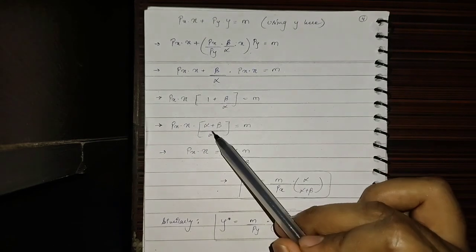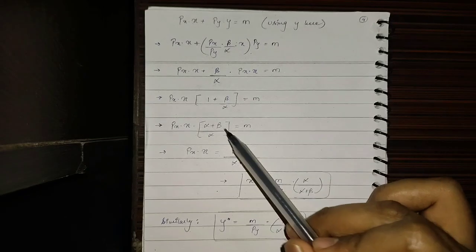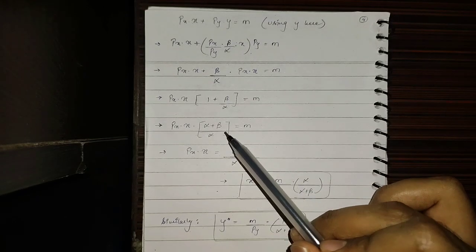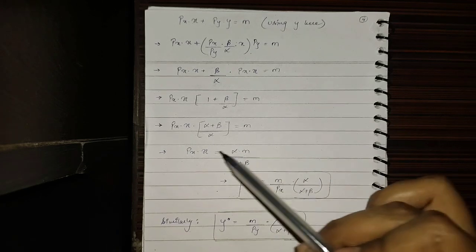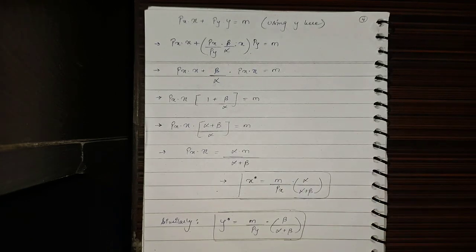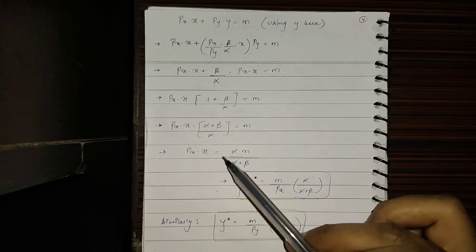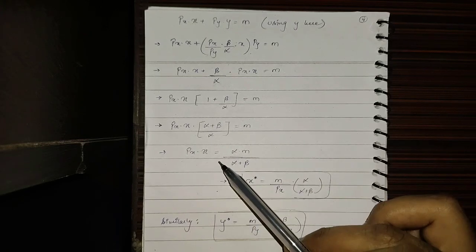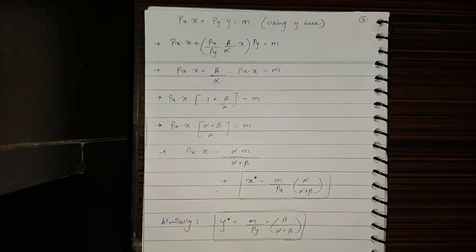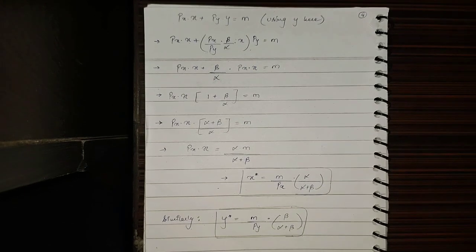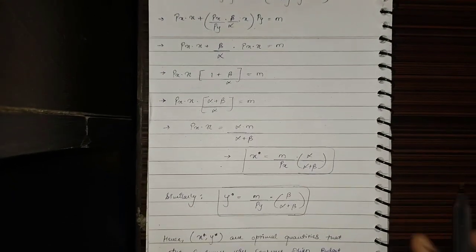Now taking LCM here, the inside term looks like alpha plus beta divided by alpha. We can send this term to the right hand side. Once sending it to the right hand side, it will get multiplied by the income, which is m, and eventually we will get the optimal quantity of x.